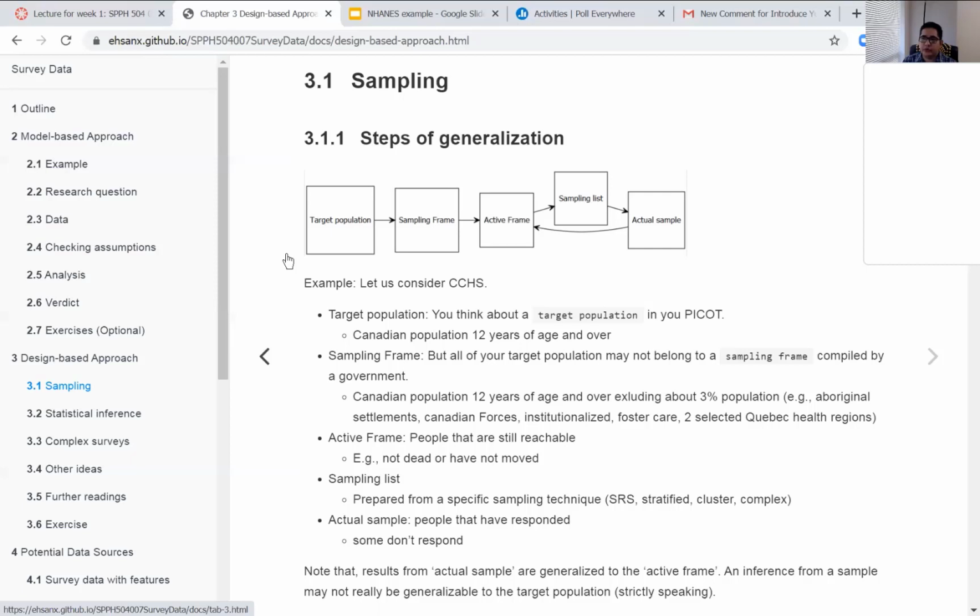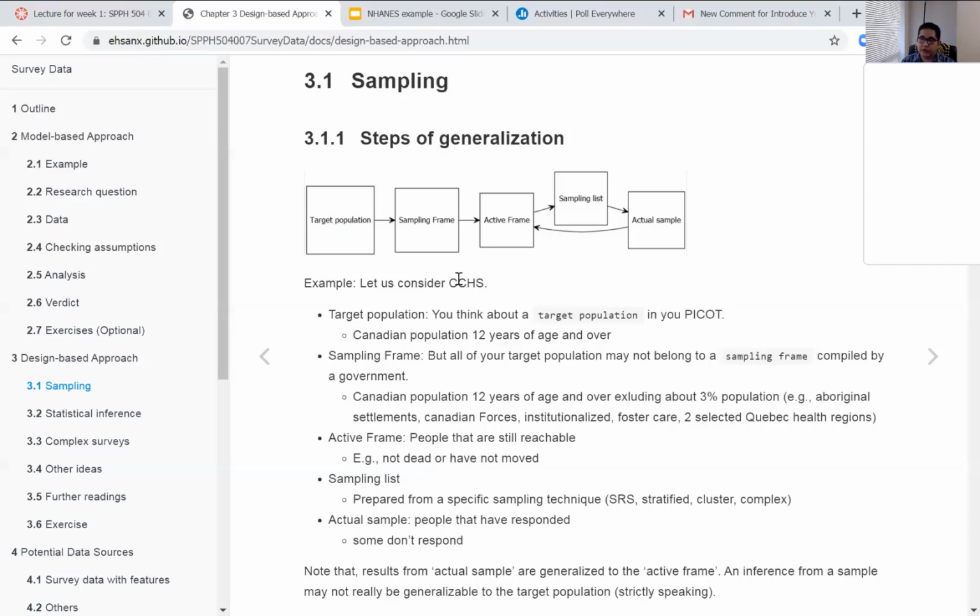So what they try to do is first think about a target population. So you can think of the target population that you define in your PICO. The P stands for population, right? So you need to have a target population to which you want to generalize your results.